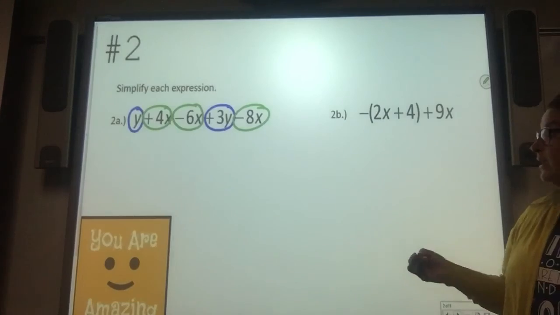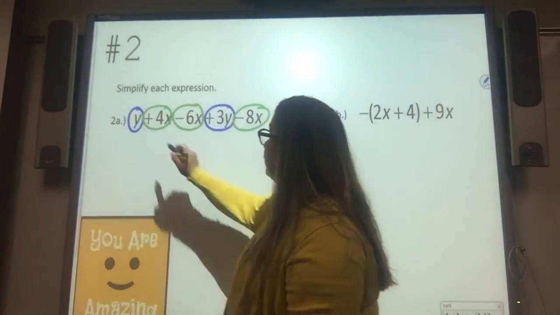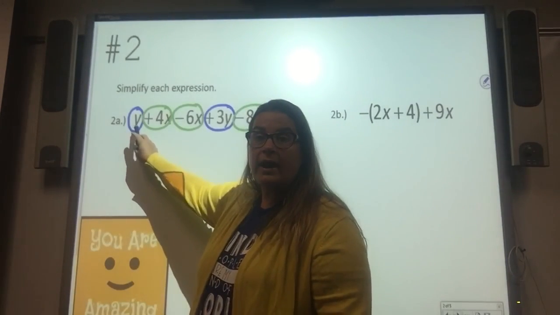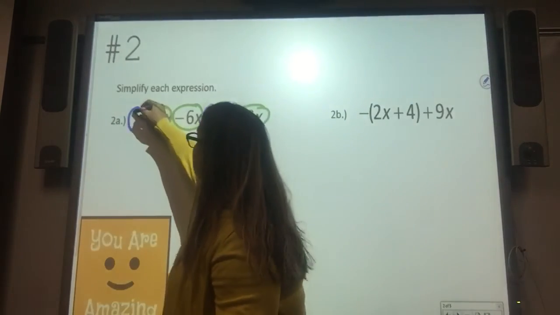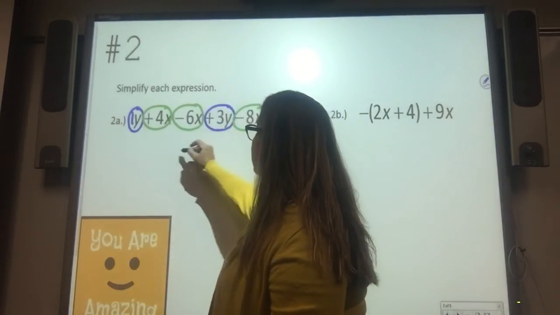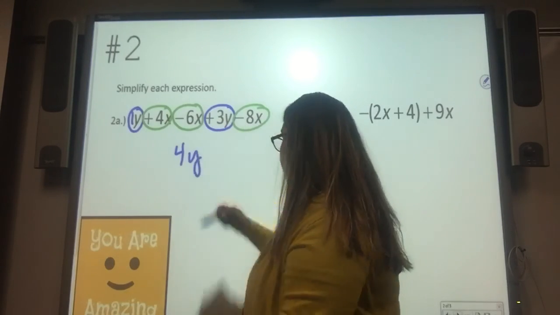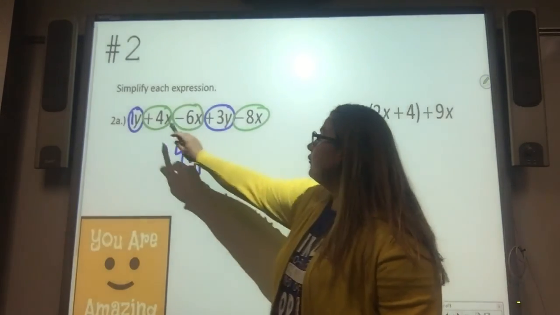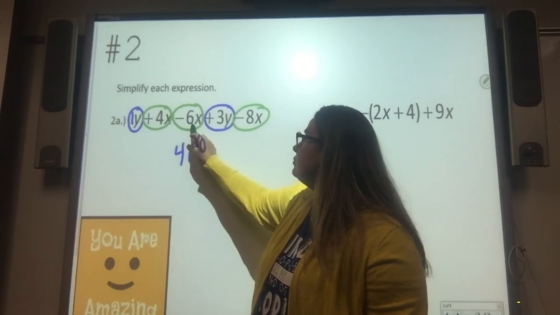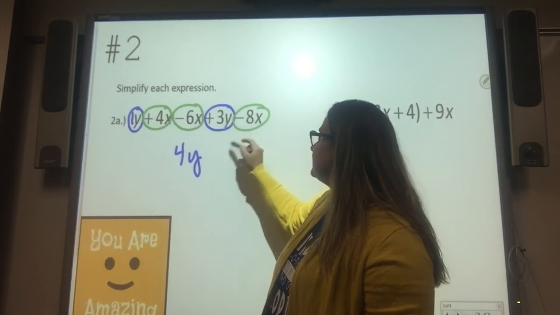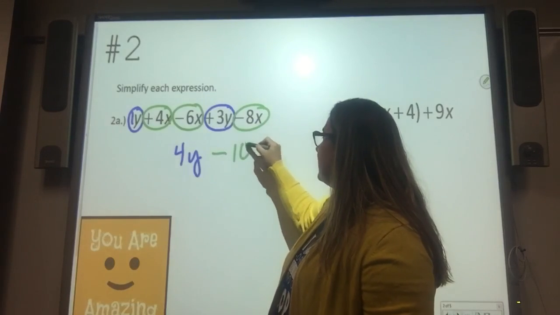And then I'm going to combine those terms. There's no number in front of the y, so it's a 1, because 1 times y is y. So 1 plus 3 is 4y. 4 minus 6 is negative 2. Minus 8 is negative 10x.